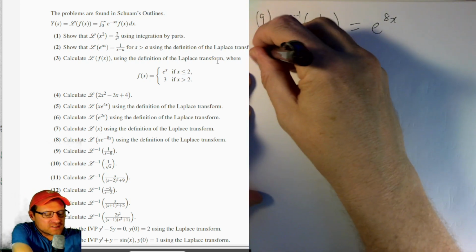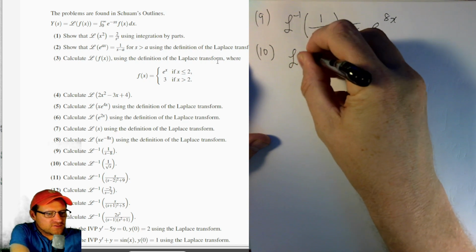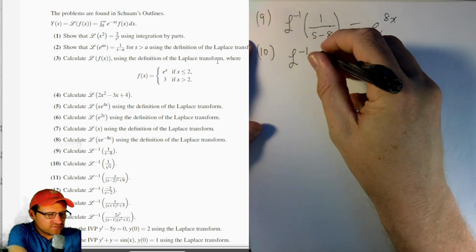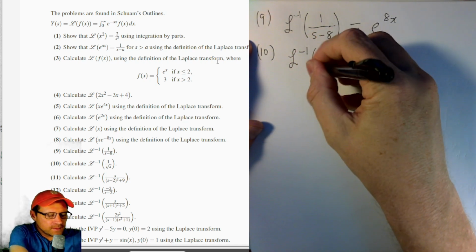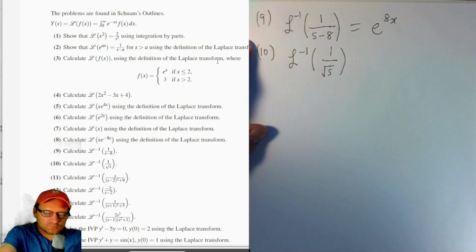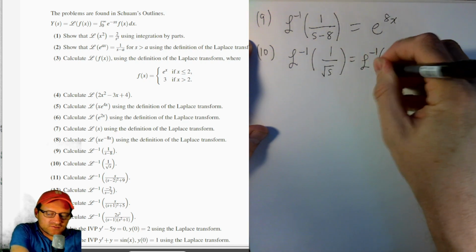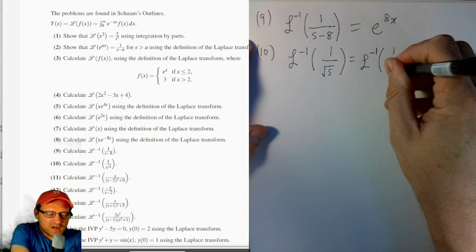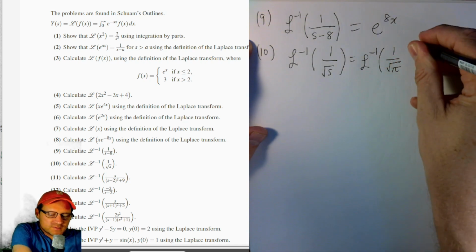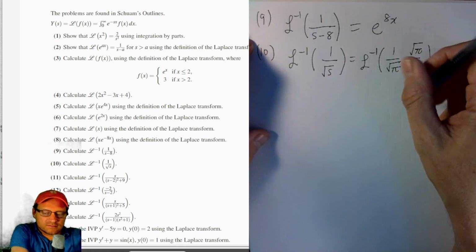Okay, question 10. Calculate the inverse Laplace transform of 1 over the square root of s. Now for this one, we want to write this as the inverse Laplace transform of 1 on the square root of pi times the square root of pi over the square root of s.